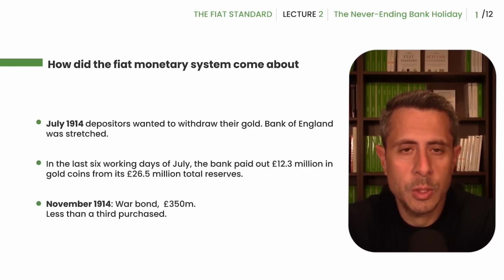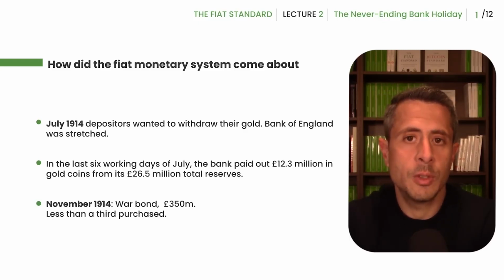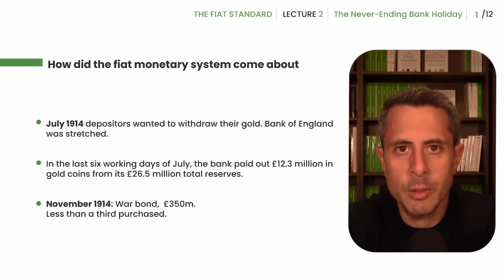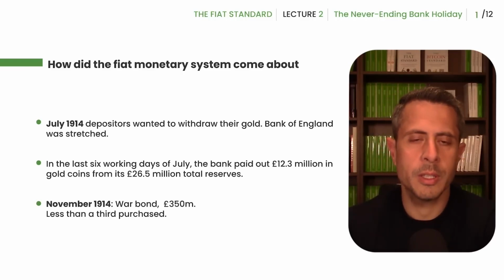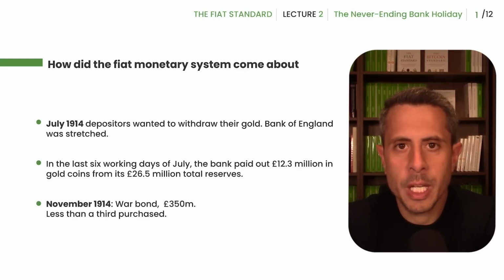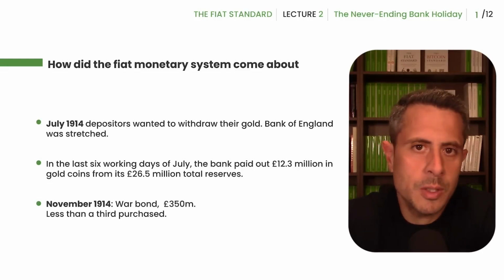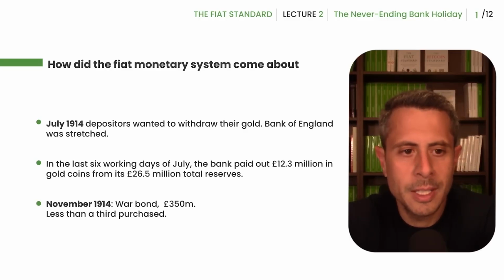Depositors in England were trying to withdraw their gold from the Bank of England and to deposit their papers. But the Bank of England didn't have enough paper to deposit to fulfill the depositors' promises, because the Bank of England had grown accustomed to printing more British pounds than it had on hand.